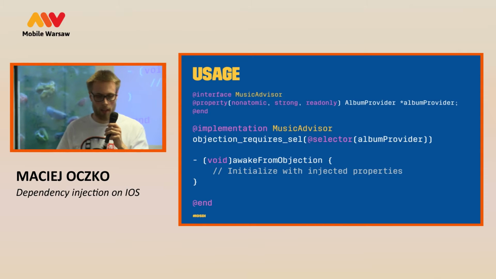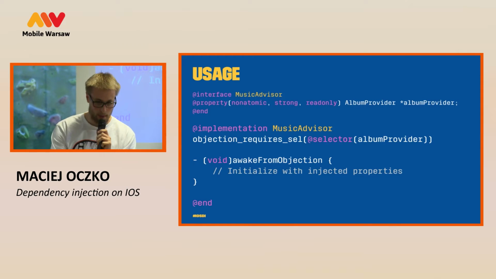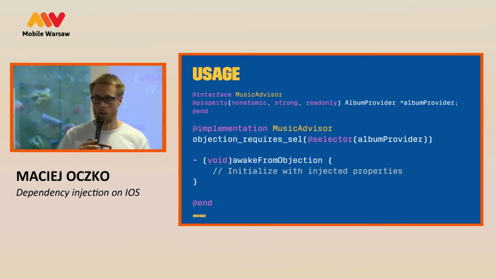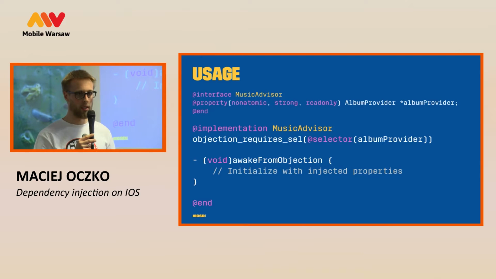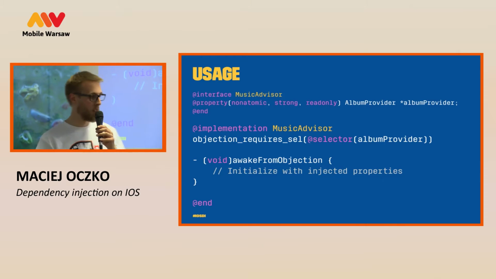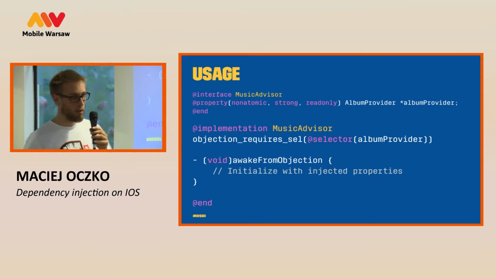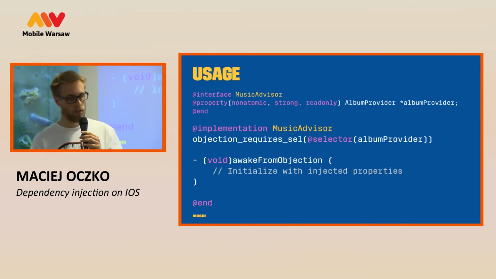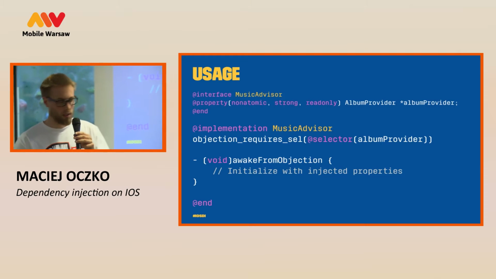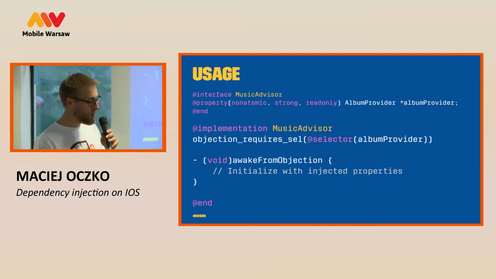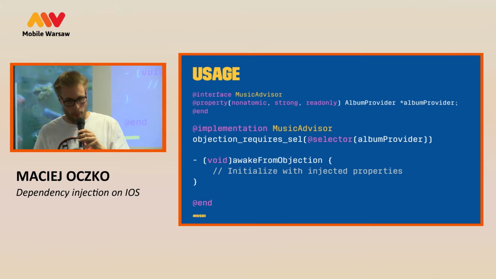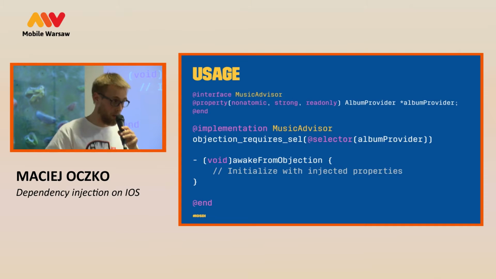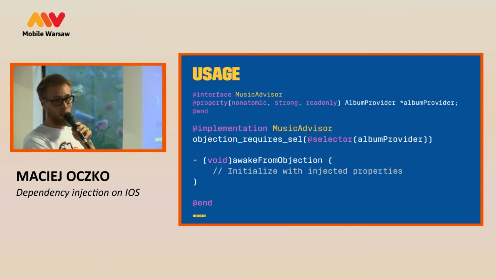There are two things that have to be said about this code. First of all, when you're injecting properties, you won't have access to those properties in your initializer. So Objection provides you a awakeFromObjection method that is called right after injections, so you can do all setup of your class there. And second of all, Objection in general trusts the developer, because if you are focused, you will notice that this is a read-only property.